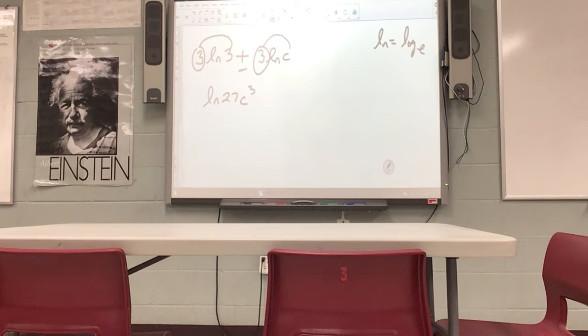Alright, so the next one, we got 3 natural log of A minus a half, and we remember what that means. Natural log of B plus natural log of C squared.